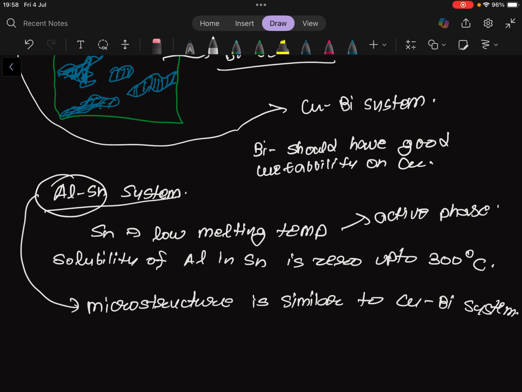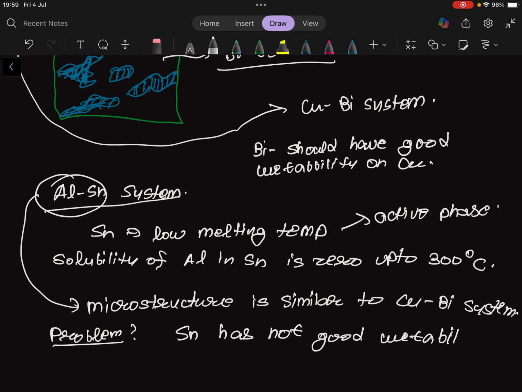We have one problem in this case also, because tin does not have good wettability with aluminum. What is the problem in this case? Tin does not have good wettability with aluminum.